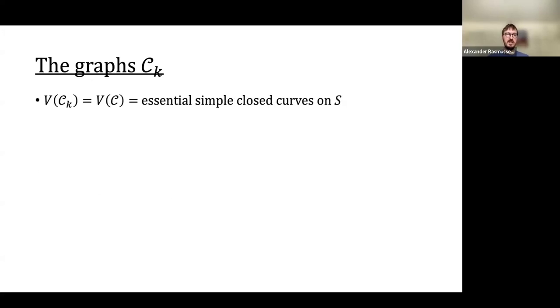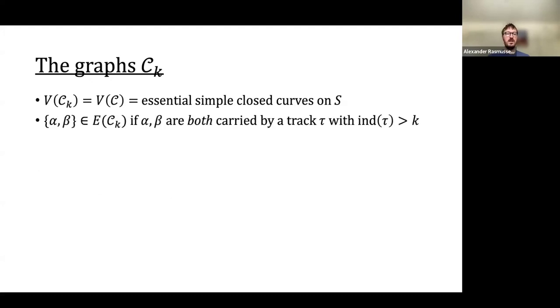So what are the graphs CK? Well, the vertices are the same as the vertices of the curve graph, just all essential simple closed curves up to isotopy. And we join alpha and beta by an edge if they're both carried by the same track tau, which has index greater than k. Carried here, you can just imagine to mean smoothly immersed in tau.